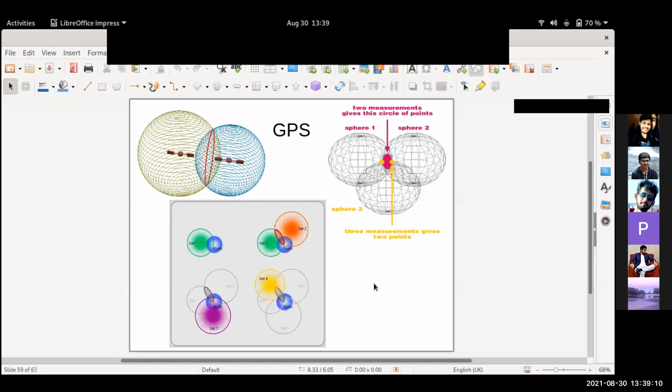So this is what is done in the global navigation system. Later on, we will go into the details. This is just a basic principle based on the trilateration principle. The position of the satellite is known, and the distance to the satellite is estimated using certain CDMA techniques, correlation techniques.